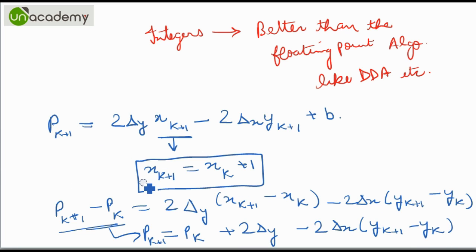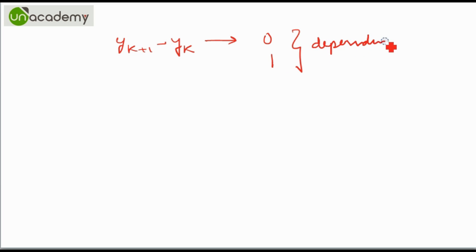So this is what this equation gets reduced to, and we see that yk plus 1 minus yk can be either 0 or 1 depending upon which pixel is selected.